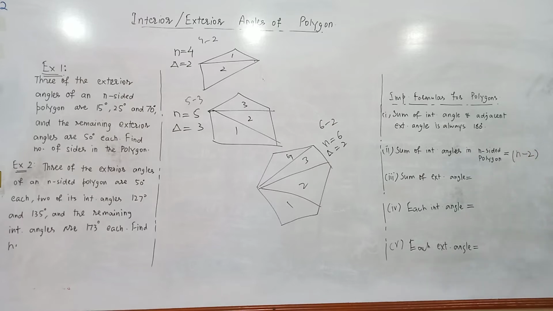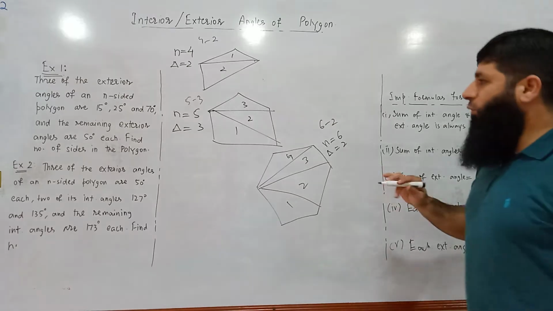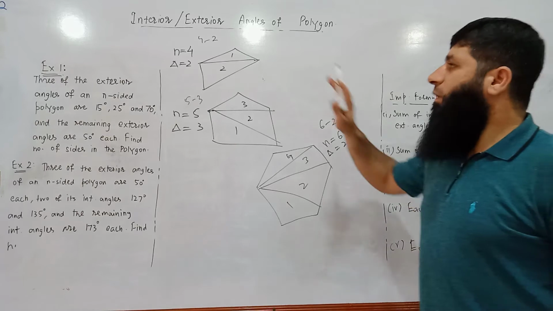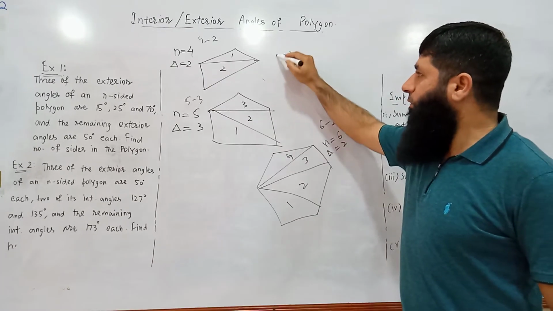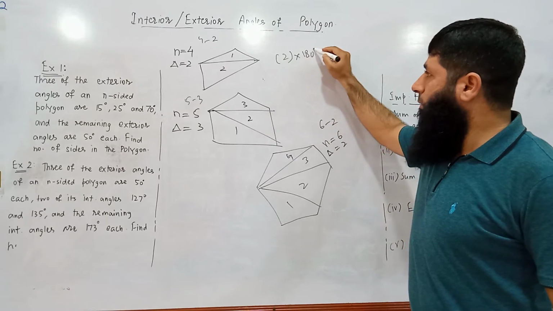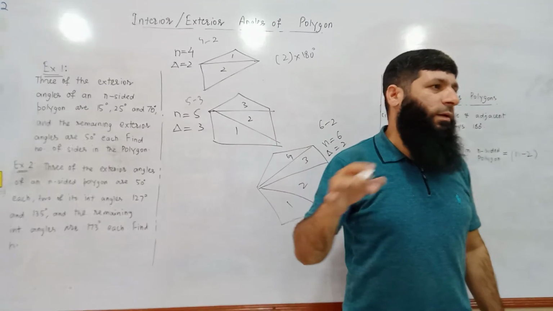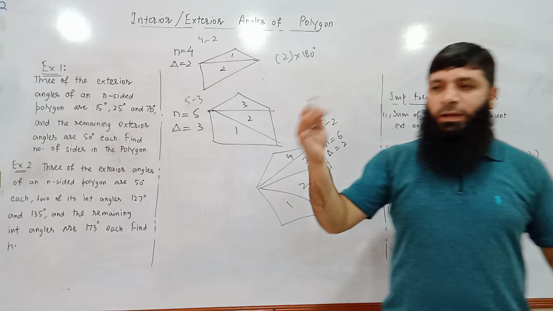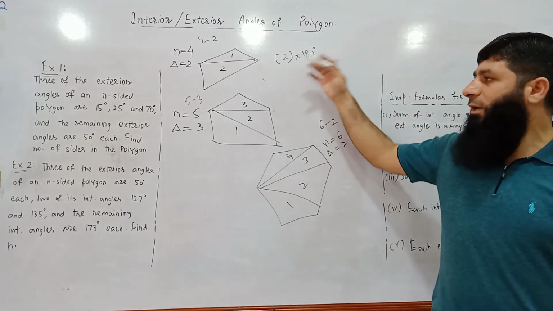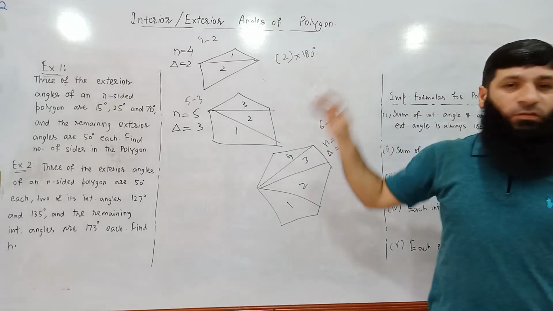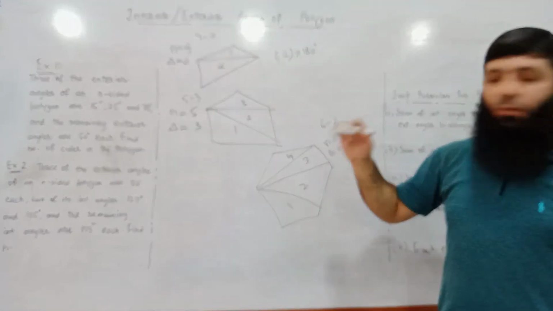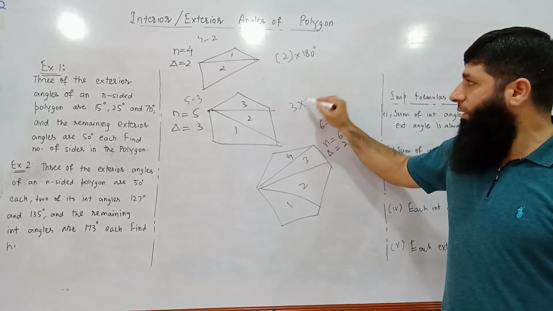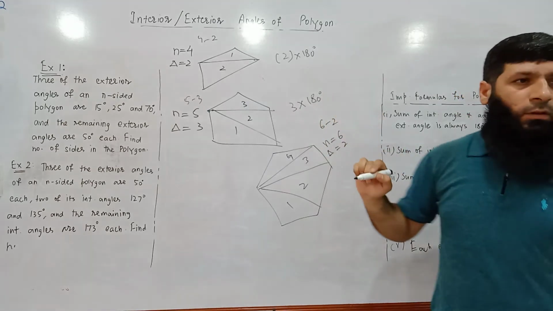N minus 2. And if you are supposed to find the sum of interior angles in this shape, you will multiply the number of triangles with 180, because you know that the sum of interior angles in a triangle is 180. So if you have two triangles, the sum of interior angles will be 2 multiplied by 180. Similarly, in this shape you have three triangles, so the sum of interior angles will be 3 multiplied by 180.